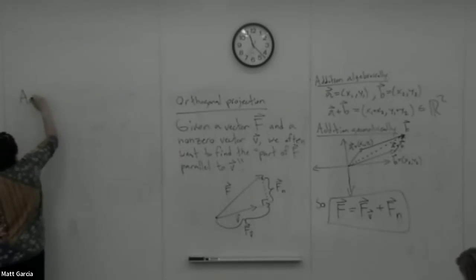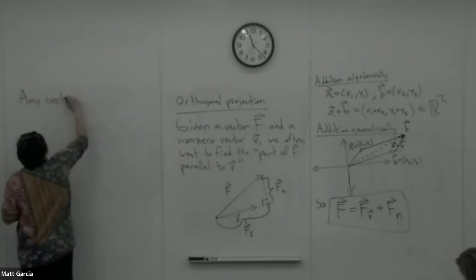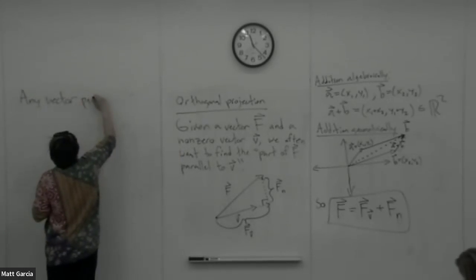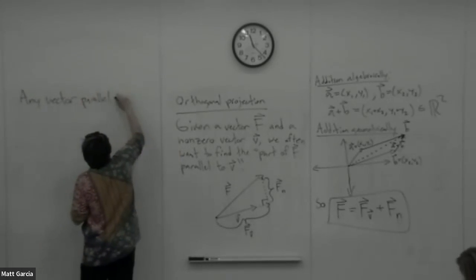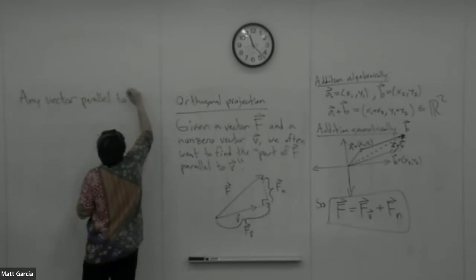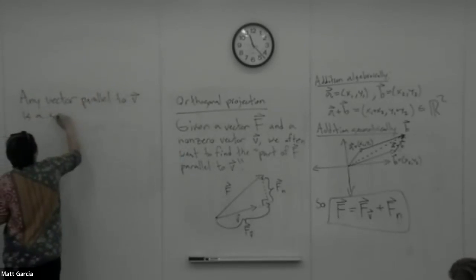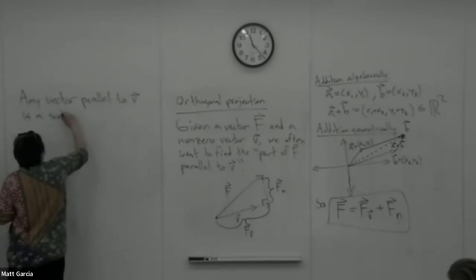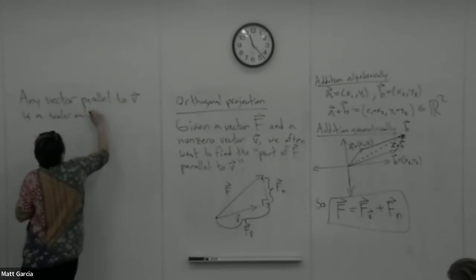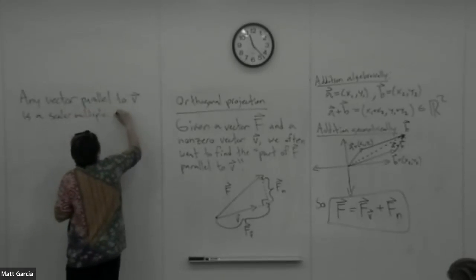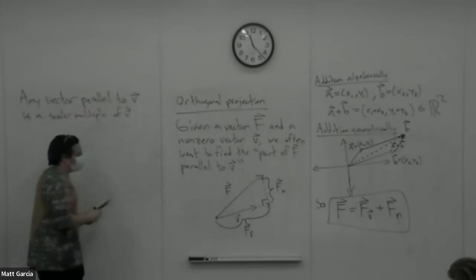So any vector parallel to B hat is a scalar multiple. Okay.